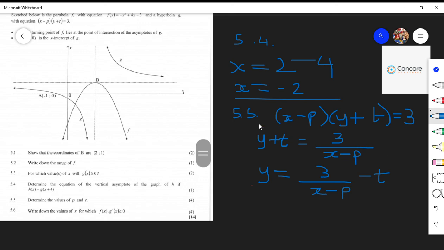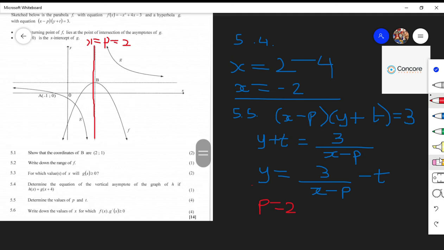From our first question, we dealt with our vertical asymptote, which was positive 2. X is equal to p is equal to positive 2. So we know that our p value is then positive 2, right?